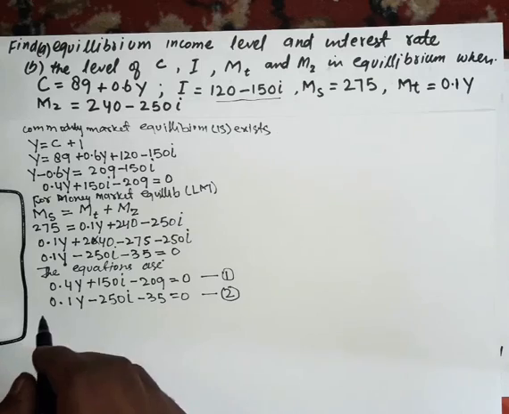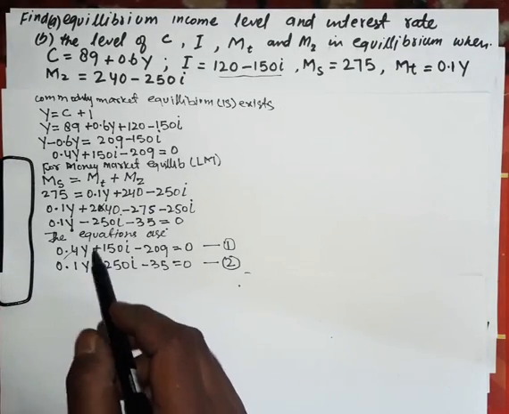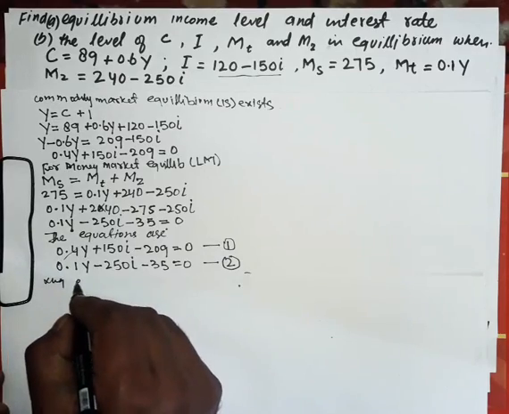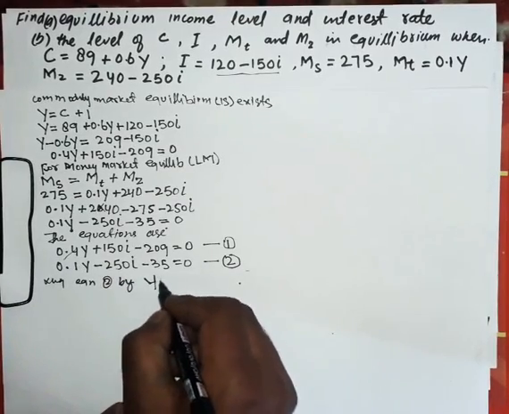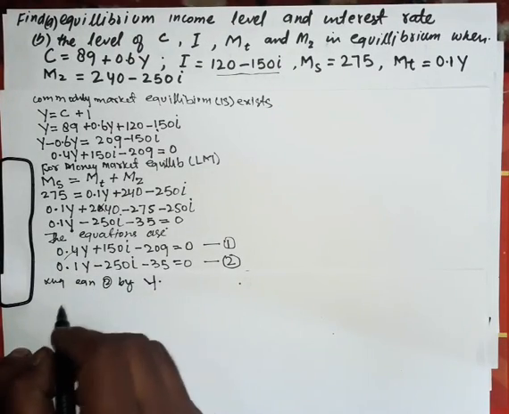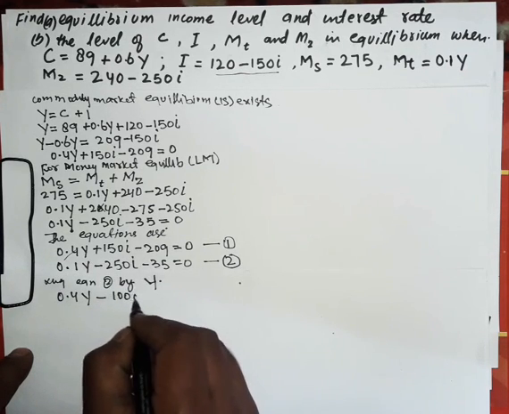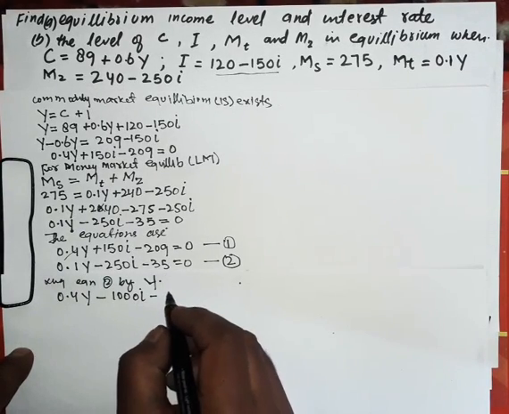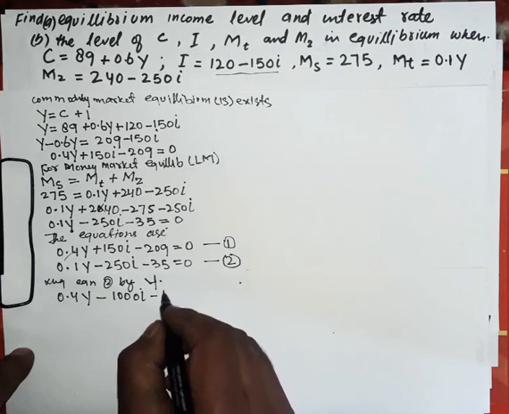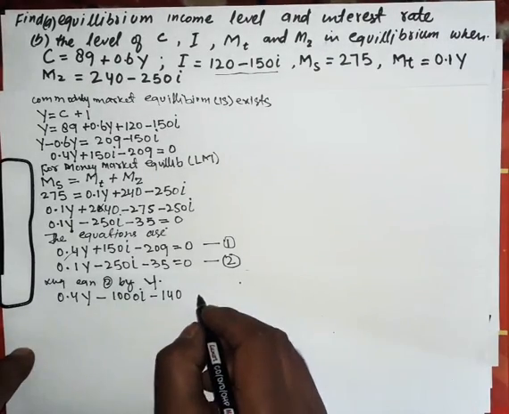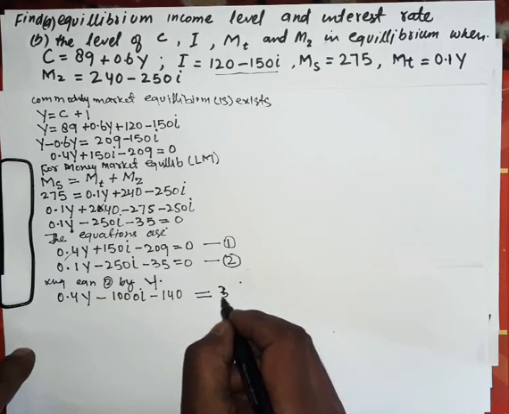So multiplying equation second by 4 to make the coefficients of Y the same, this will become 0.4 Y minus 1000 I minus 140 equals 0. Let this be equation third.